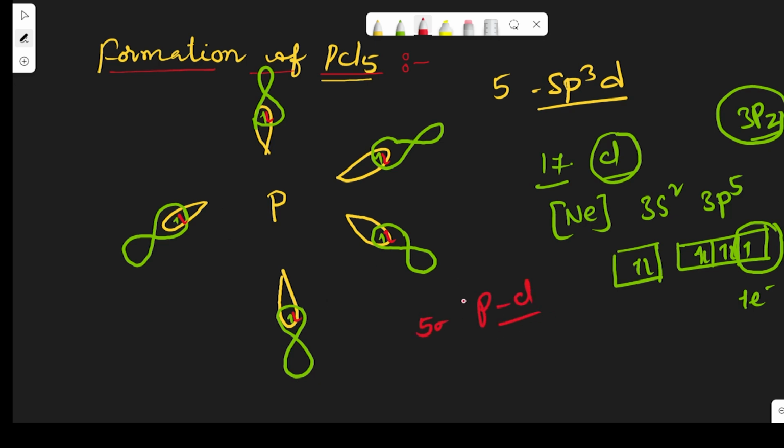There are 5 sigma bonds between phosphorus and chlorine, and like this PCl5, phosphorus pentachloride, forms.